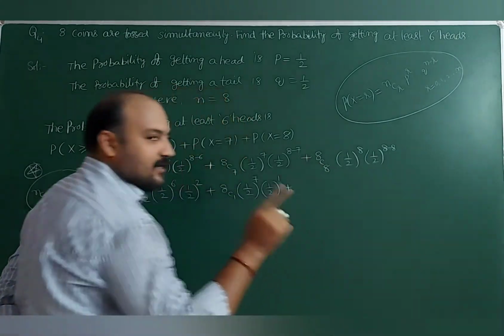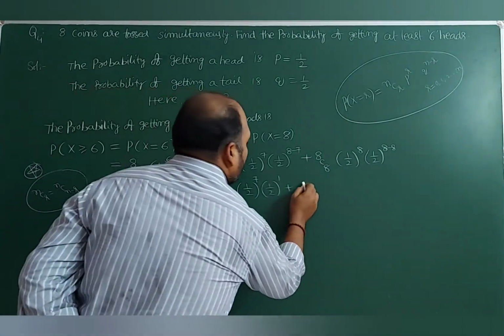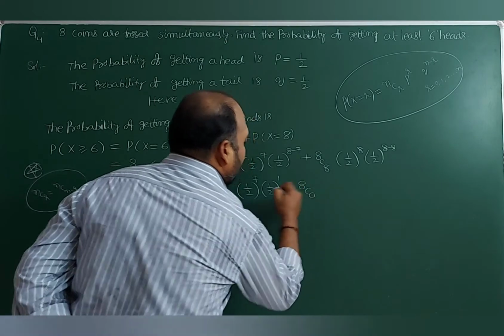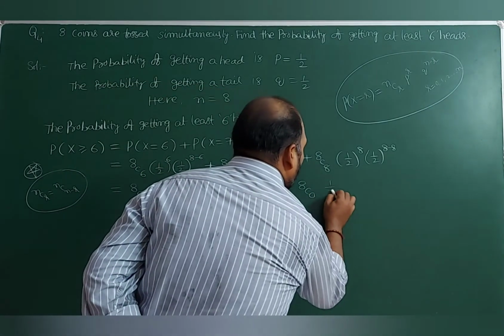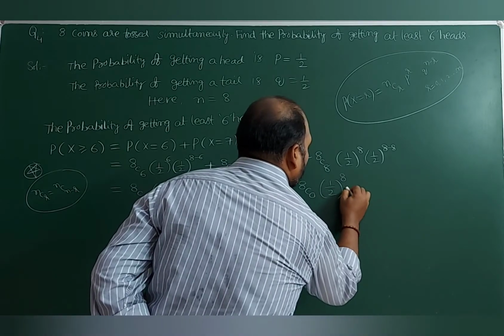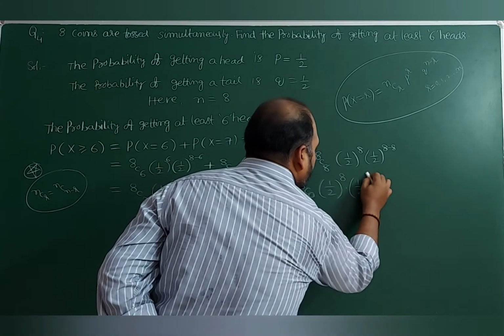8C8, nCn is equal to 1, so otherwise you write it as 8C0 according to this formula. So (1/2) power 8 into (1/2) power 0.